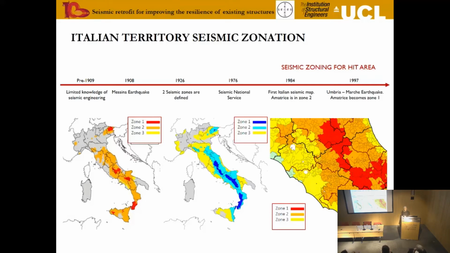But in fact, it's worth considering that even the recognition of the seismic hazard in a particular part of the country might have only come about in terms of being regulated relatively recently. For instance, Amatrice was only turned into seismic zone 1 in the 80s, so relatively recently when you compare with buildings that have been there since the 15th century.